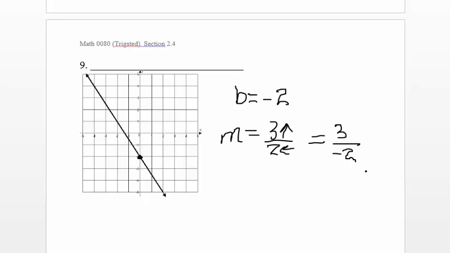Left is the negative horizontal movement, up is the positive vertical movement. So my slope is negative 3/2. So my line equation is y equals negative 3/2 x minus 2.